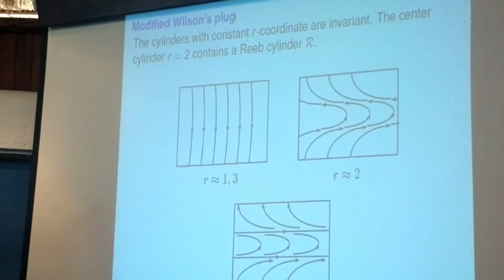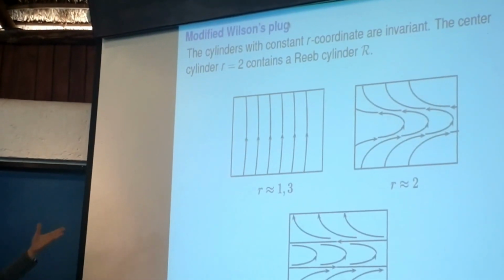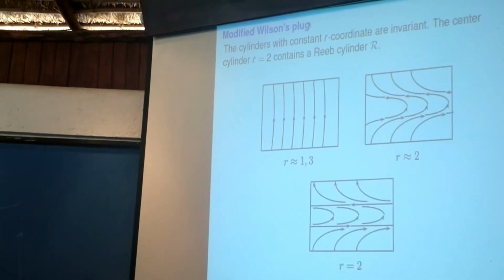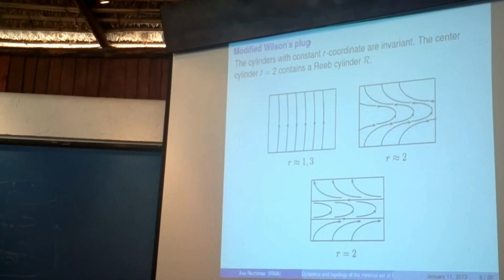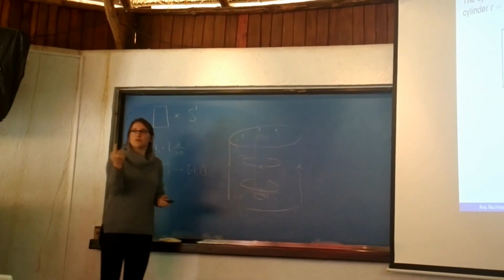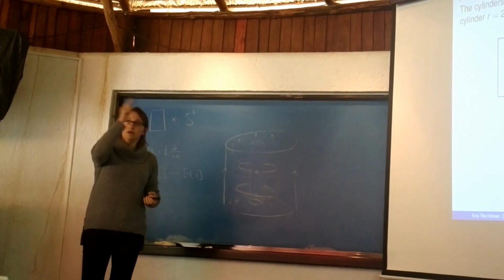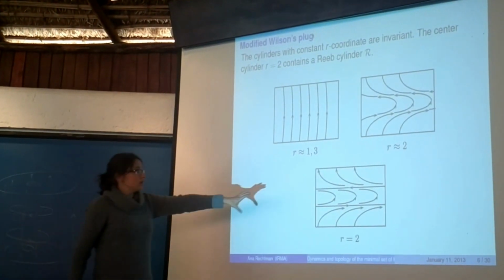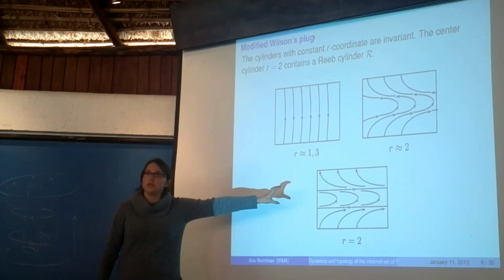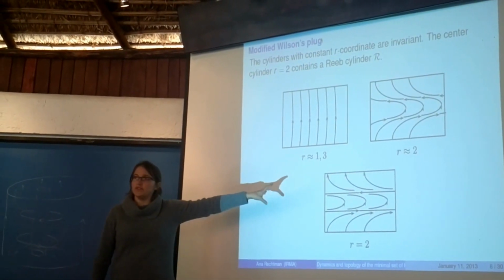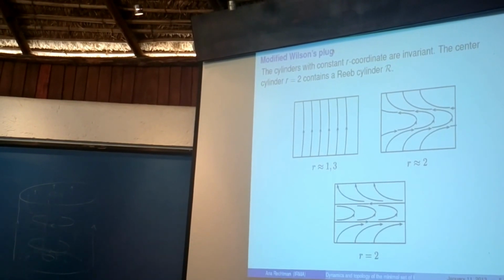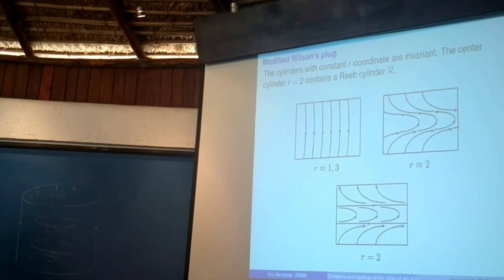So near the boundary, it's almost vertical, and as I get to the middle of the plot, things start to turn around, as I told you, this red orbit, so I turn around and go to the middle where it's vertical, and they turn back around to go out in front. And when I get to R equal 2, I have my two periodic orbits, and in the middle I have an invariant cylinder, which I will call the R cylinder, and it will be important in what follows.